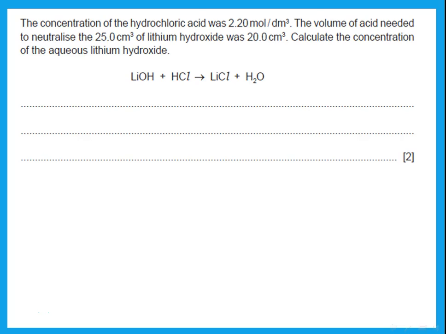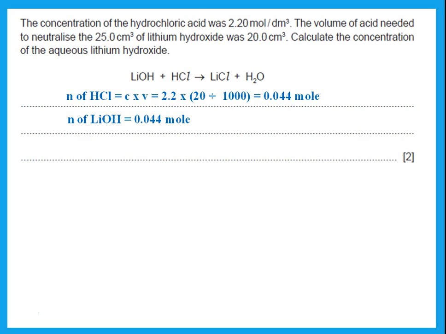So for the acid, I have concentration and volume, so I get the number of moles. Number of moles is concentration times volume. Again, volume has to be divided by 1,000, so I get this number of moles. Okay, so from the equation, I need to relate the number of moles of lithium hydroxide. What would be the number of moles of lithium hydroxide? Well, the equation says 1 to 1.